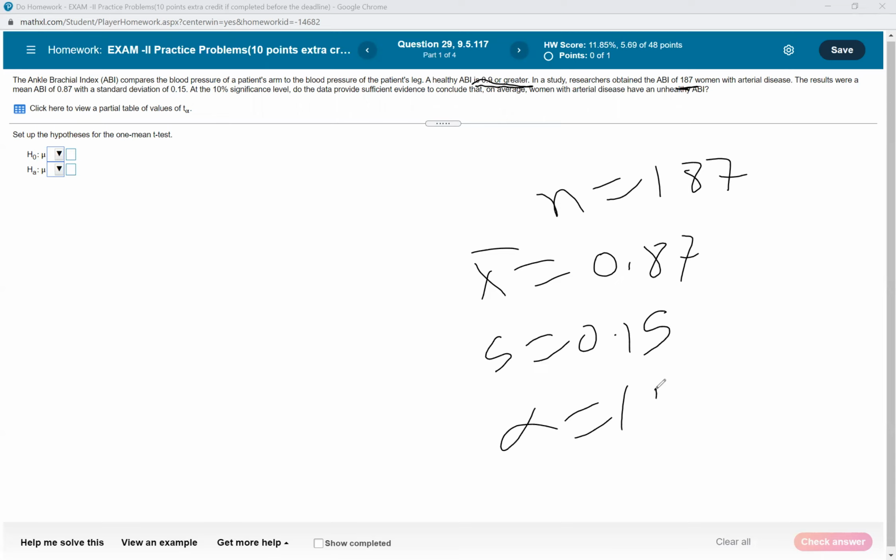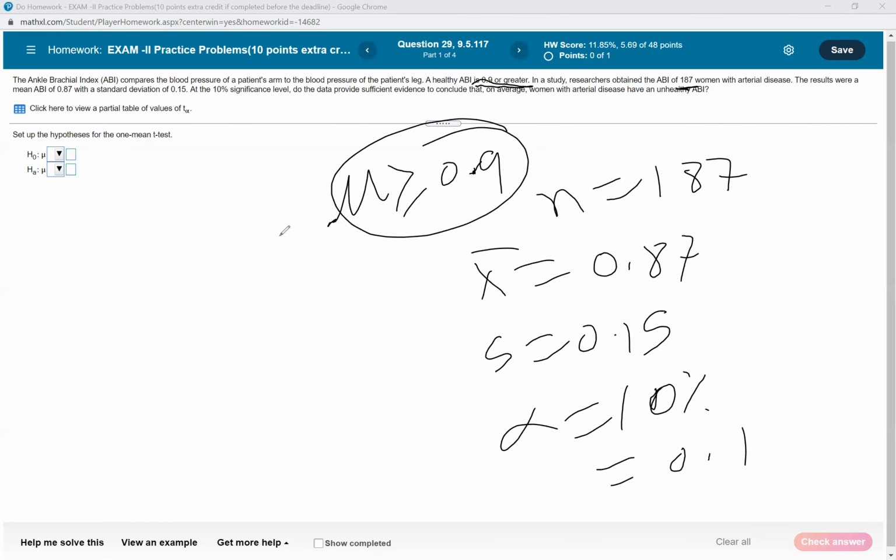Alpha is 10%, which is 0.1. Do the data provide sufficient evidence to conclude that on average, the women with arterial disease have an unhealthy ABI? Healthy means mu is greater than or equal to 0.9. So unhealthy means mu is less than 0.9, right?